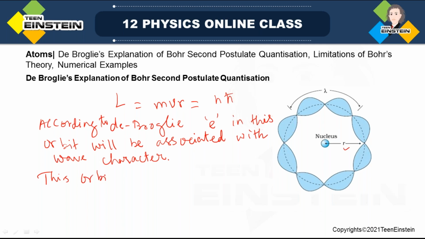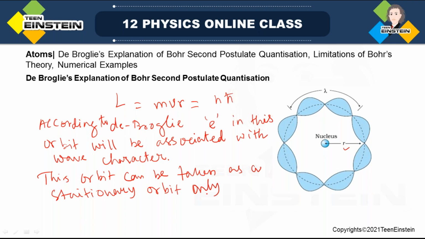This orbit can be taken as a stationary orbit if and only if 2 pi r is equal to n lambda.